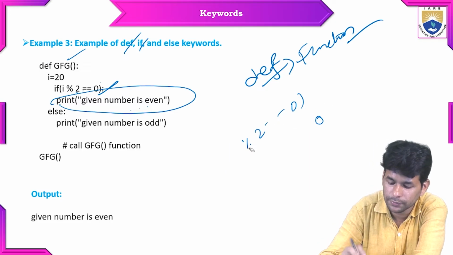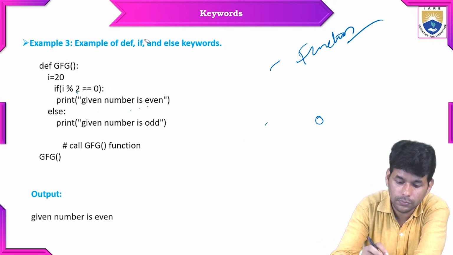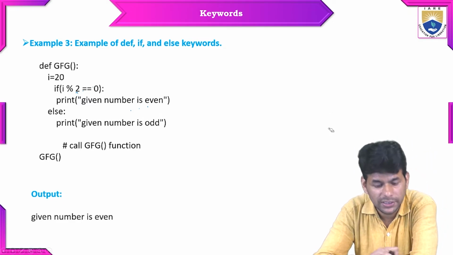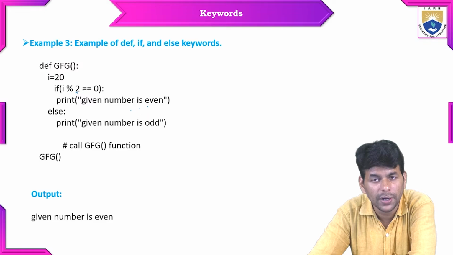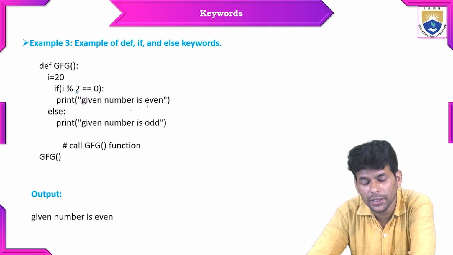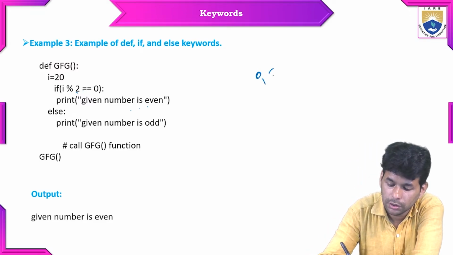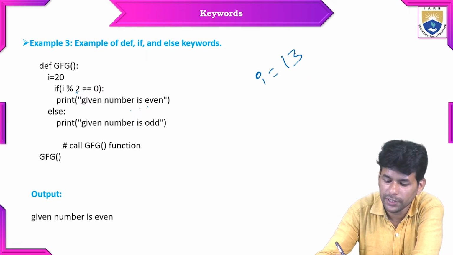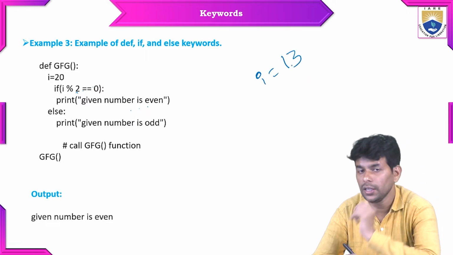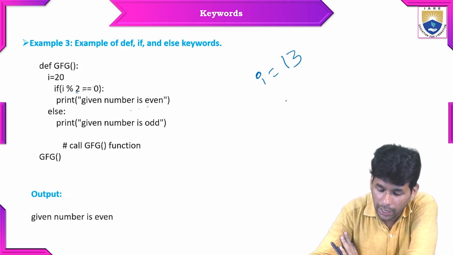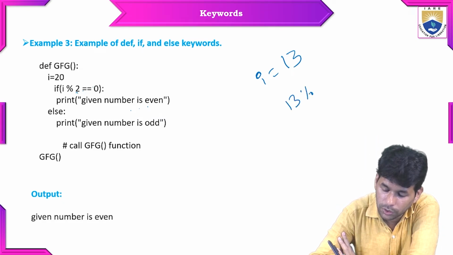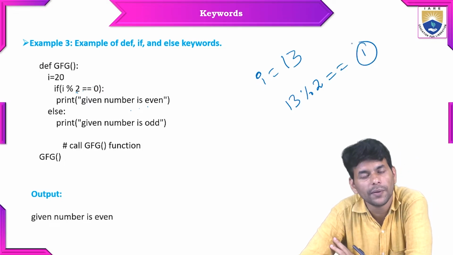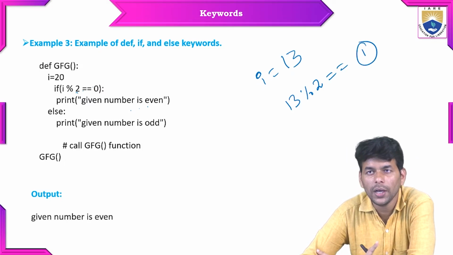Now in my program, before I had taken 20, which returns that the given number is even. But now I will take the i value as 13. If I perform the same operation here, 13 modulo 2, I get the value 1.